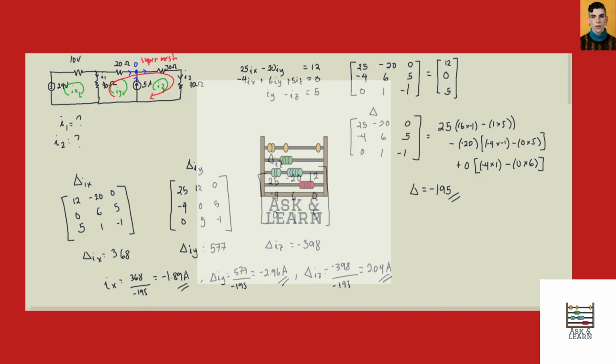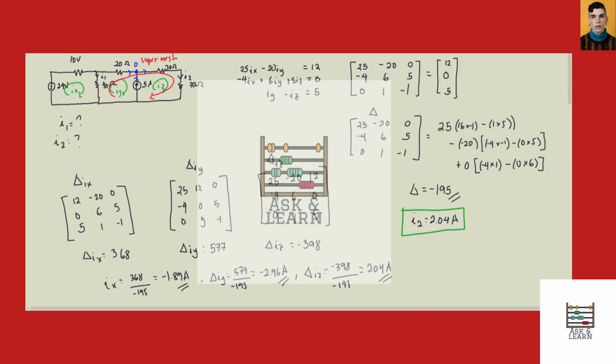Now I2 is just equal to Iz based on our circuit. Hence, I2 is equal to 2.04 amperes. Now to get I1, we look at the current passing through the 40 ohm resistor.